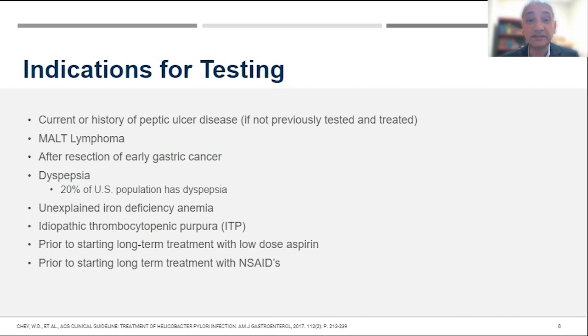And again, as these medications themselves are an independent risk factor for ulcer disease, we want to eliminate H. pylori as a second potentially synergistic risk factor. So for these individuals who are about to embark on long-term NSAID treatment or are currently on NSAIDs should be strongly considered for H. pylori testing.